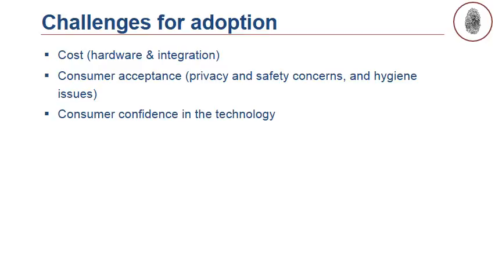And especially the US market, which is crying out for more secure identification, isn't accepting it simply because of consumers' aversion due to privacy, safety concerns, and hygiene issues. There have been cases where, due to fingerprinting technologies, fingers have been severed before. And also the consumer confidence in this new technology, whether it's reliable.